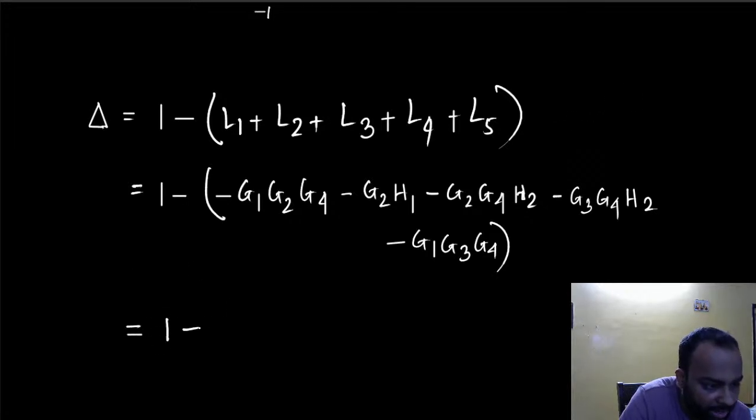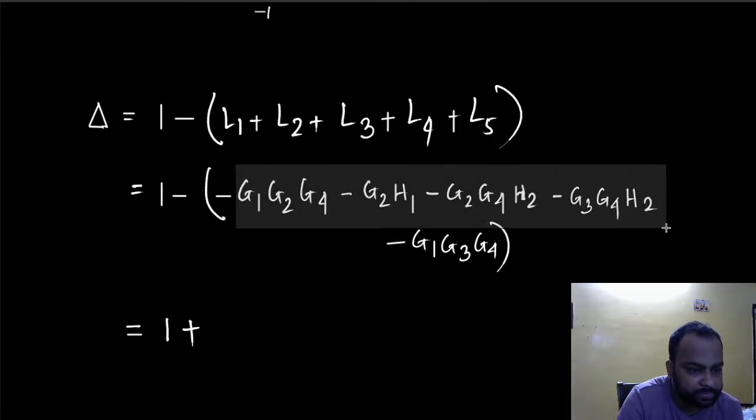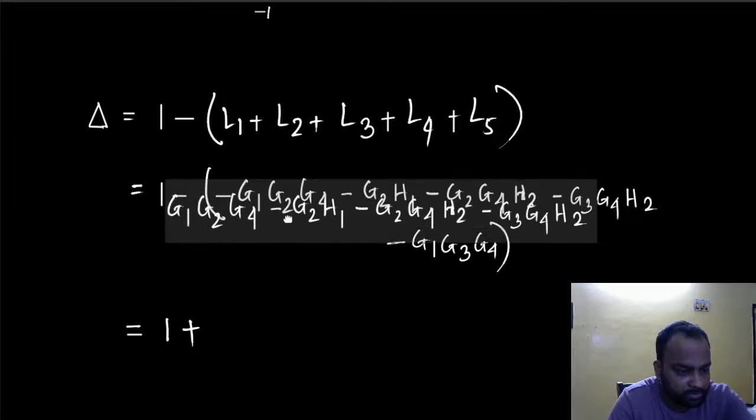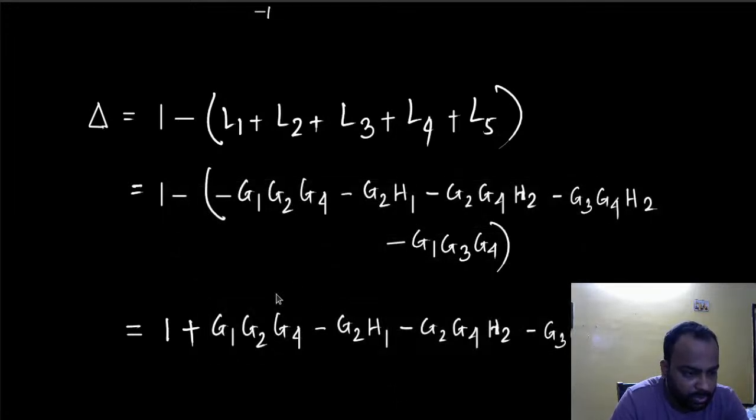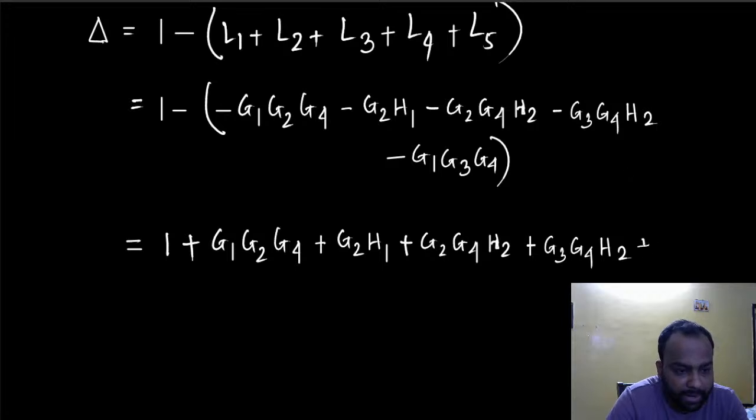That would be 1 plus this one, plus G1, G3, G4. So that's your delta.